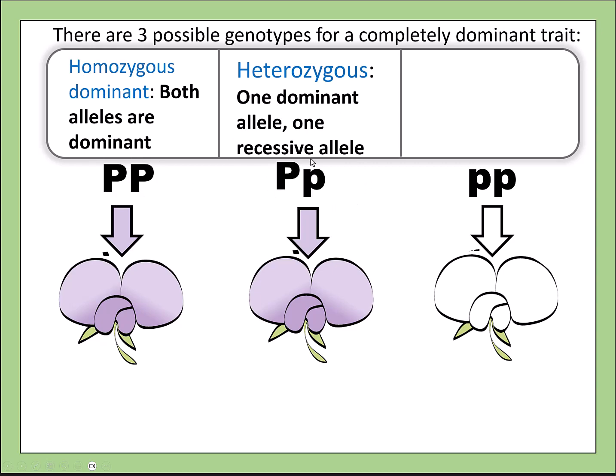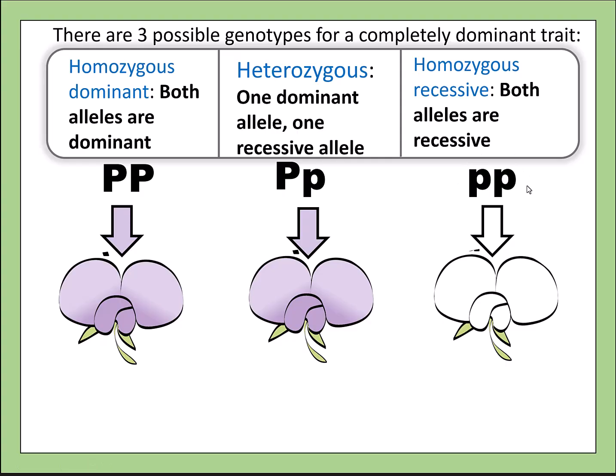Heterozygous is another option where one parent donated a dominant allele and one donated a recessive allele. Heterozygous. And then homozygous recessive means that both of the alleles that were received from the parents are recessive.